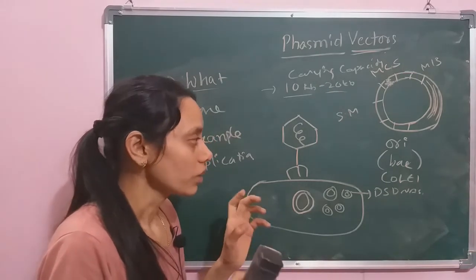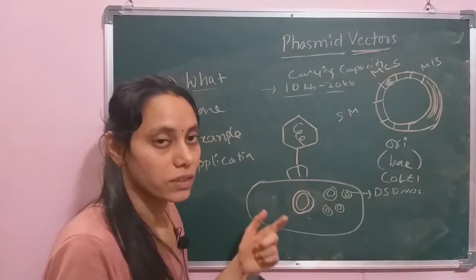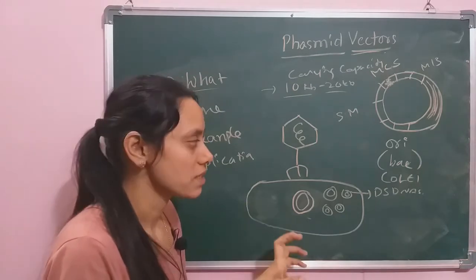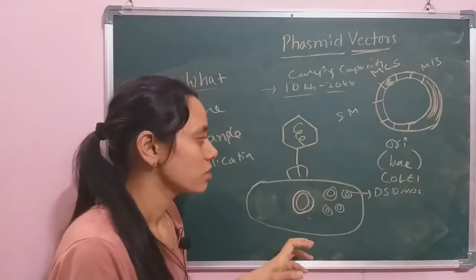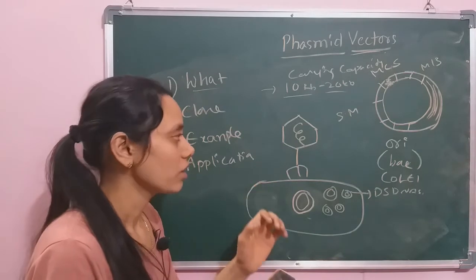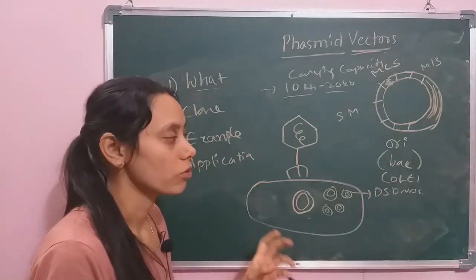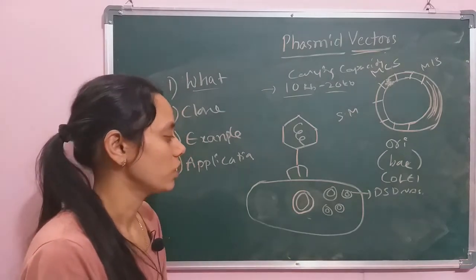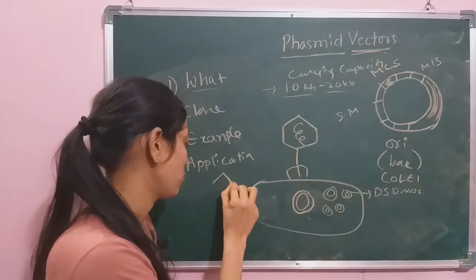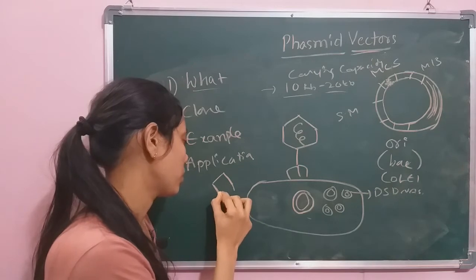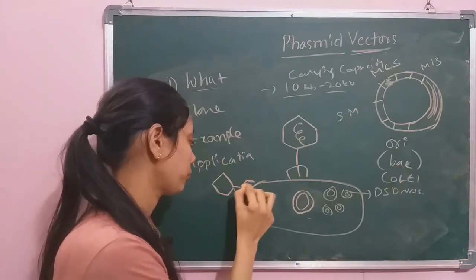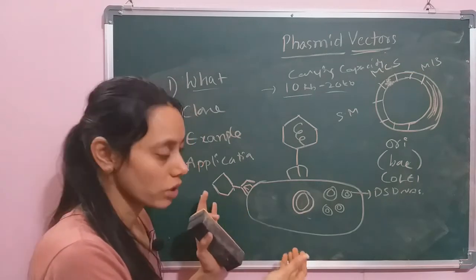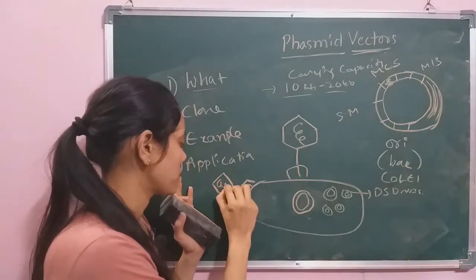But until the rolling circle mode of replication is triggered, it cannot replicate as ssDNA, single-stranded DNA. So for the triggering of the rolling circle mode of replication, in order to produce single-stranded DNAs, we need to go for co-infection. Co-infection is nothing but the criterion by which we allow the same bacteria to be infected with the helper virus.